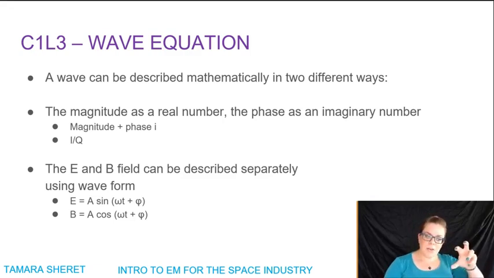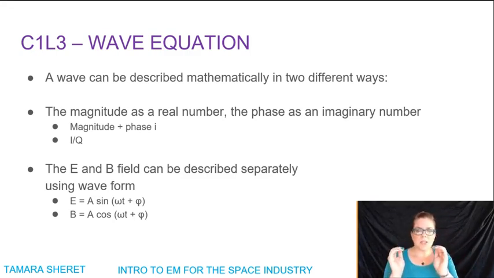The bottom set of equations is looking more at the waveform, and this is where we split up that electromagnetic field into the electric and the magnetic field. E is your electric field, equal to A sin(omega t plus phi). B is your magnetic field, equal to A cos(omega t plus phi). The omega t plus phi bit tells you the rate of change of the angle, so this tells you how your electromagnetic field is moving.